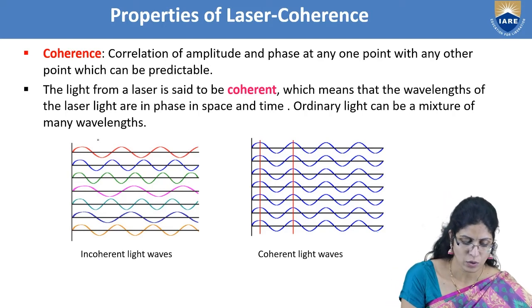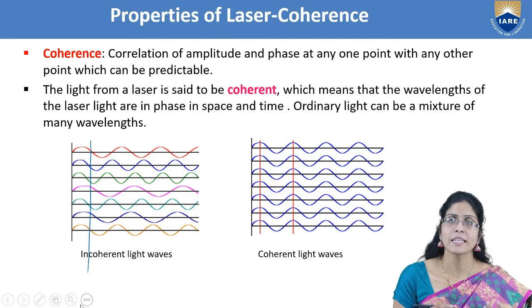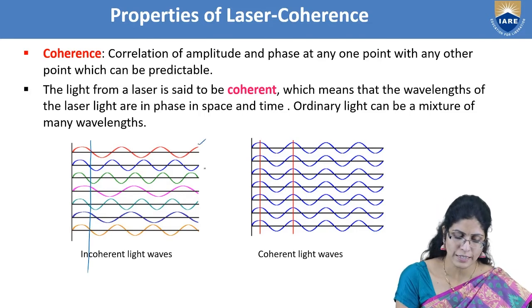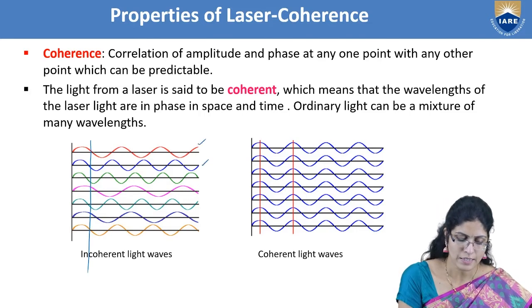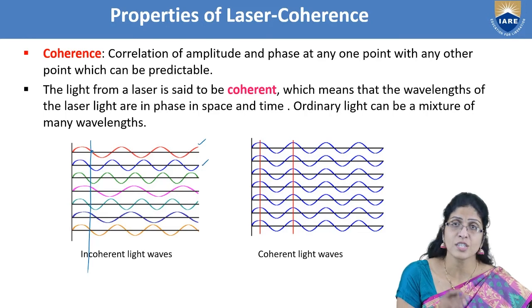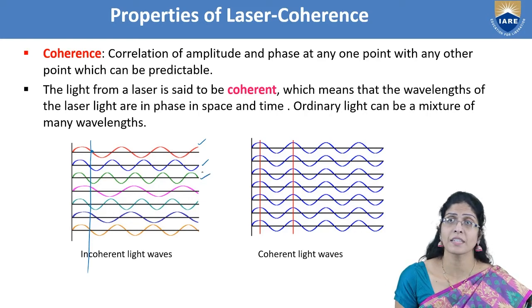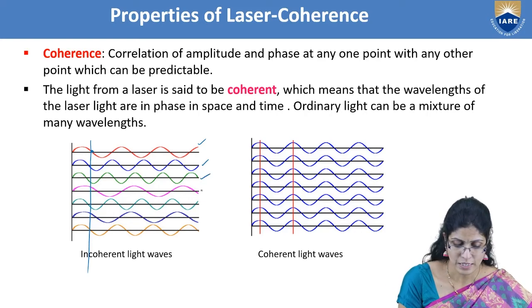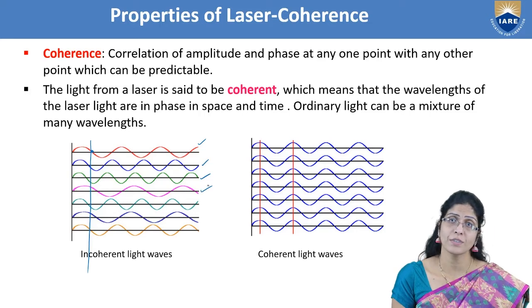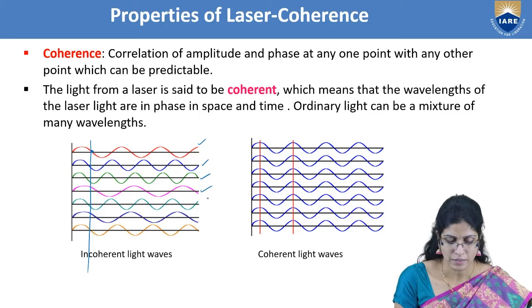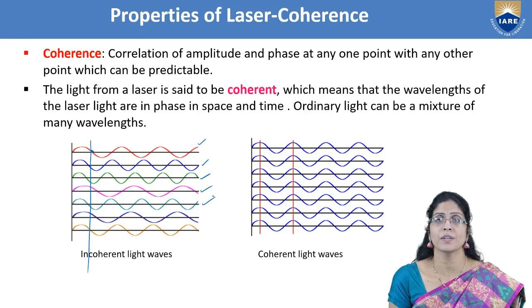Suppose I draw a straight line here. You can see that for the first wave train and the second wave train, there is a shift to the right side for the minima, and there is even more of a shift in the third one. In the fourth one, it is shifting to a maxima, and again there is a shift towards the minima.